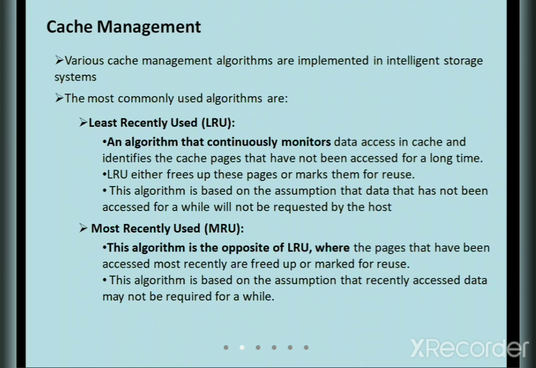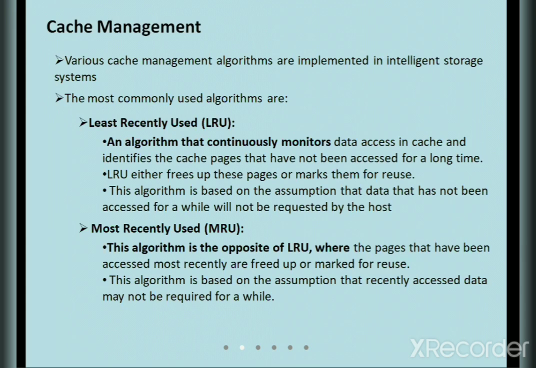The first one is the least recently used algorithm, and the second one is the most recently used algorithm. I don't want to concentrate more on this because you have already read these concepts in the operating system, but I shall still highlight it.